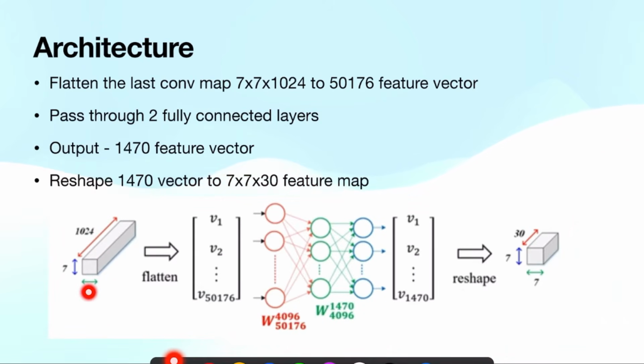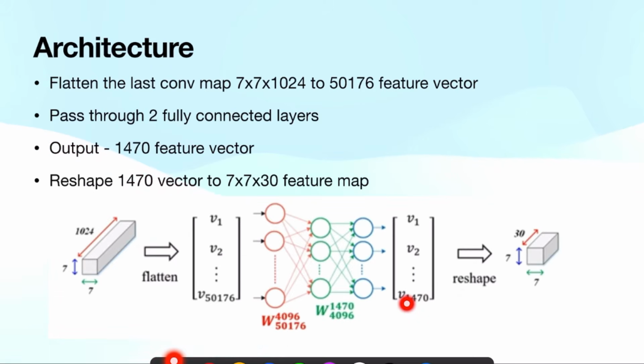7 by 7 by 1024 is the output from the backbone. From that backbone, we flatten into a vector and then pass it through 2 fully connected layers. One fully connected layer converts these 50k values into 4096, and then another fully connected layer converts the 4096 to 1470. These 1470 values are my final vector.